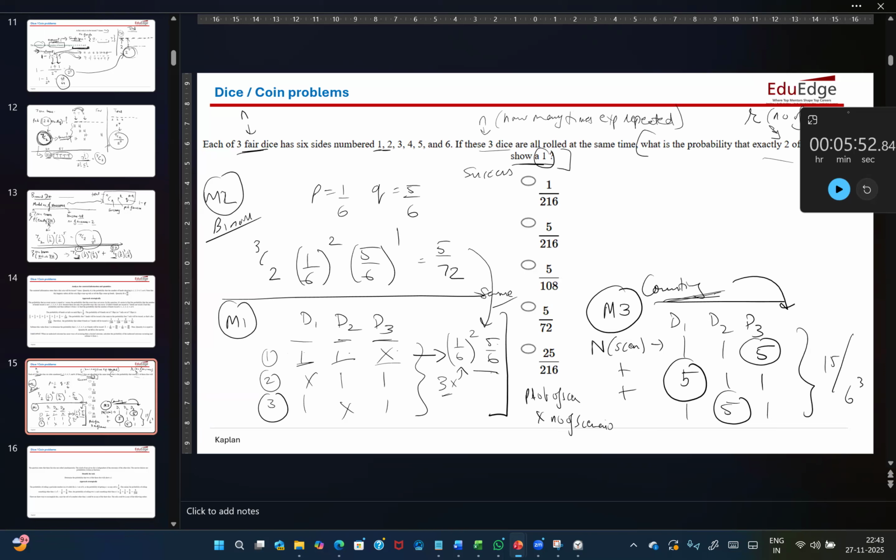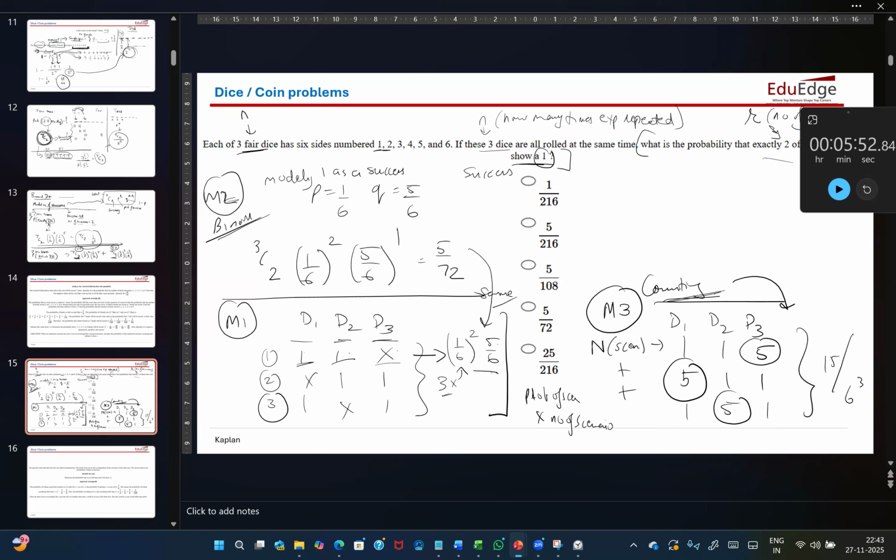And in method 2, it just uses binomial distribution, which means modeling getting a one as a success, and then finding how many ones, which is r equals 2. So we are attacking the same problem 3 ways.